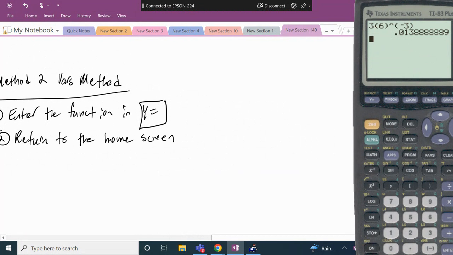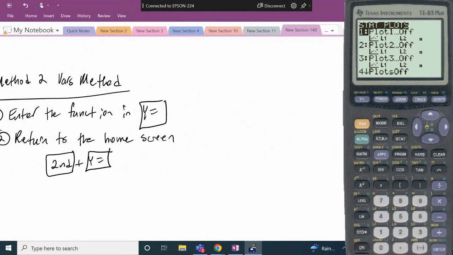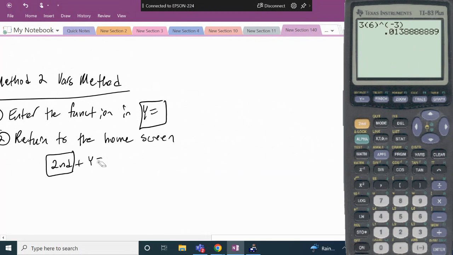And the home screen is second and y equals. Right, now return me to this home screen. Excuse me, second and mode, I'm sorry.